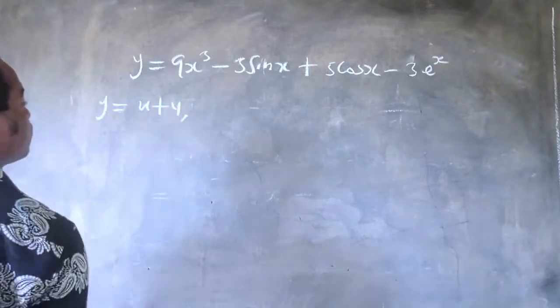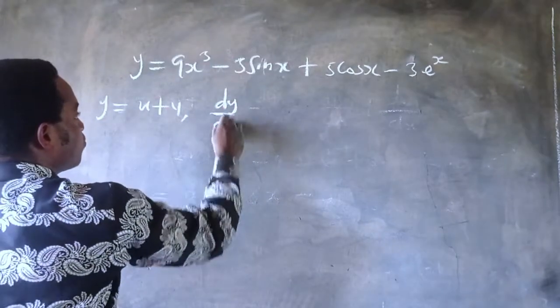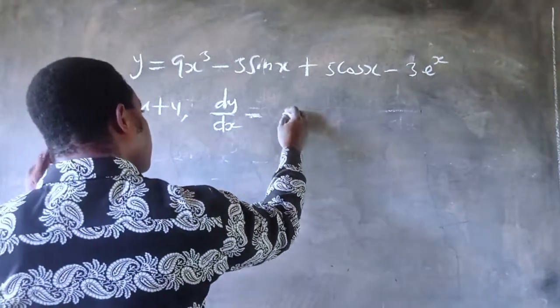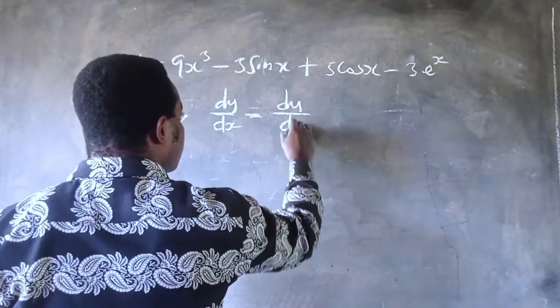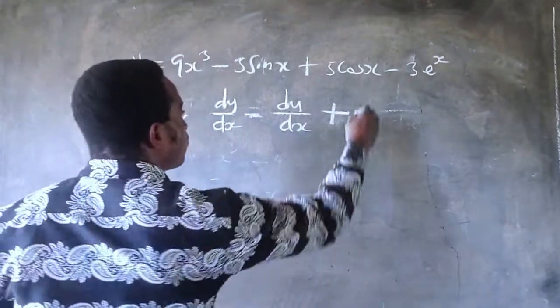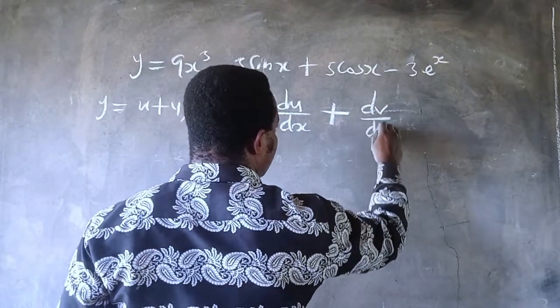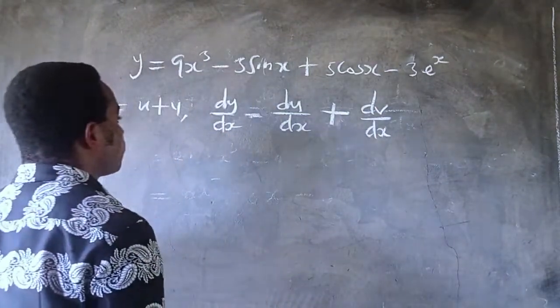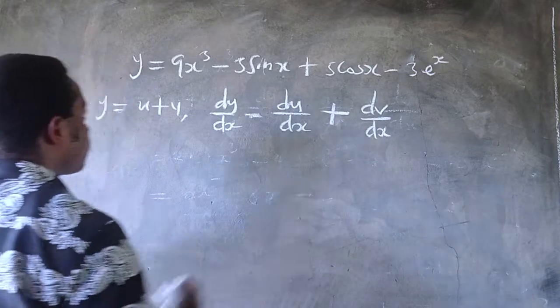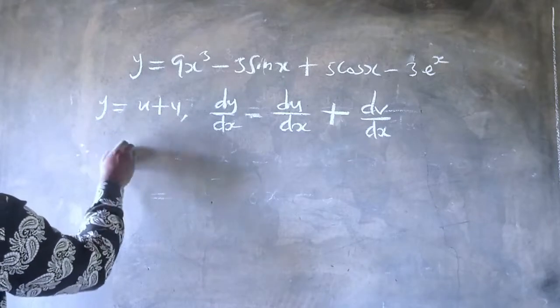So this is of the form y equals u plus v. So the expression for dy/dx is going to be du/dx plus dv/dx. Simply put, we get the differential of the individual components and add them up.